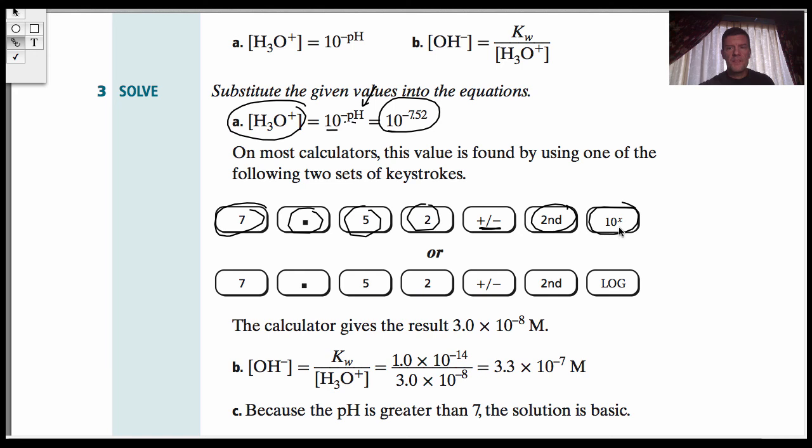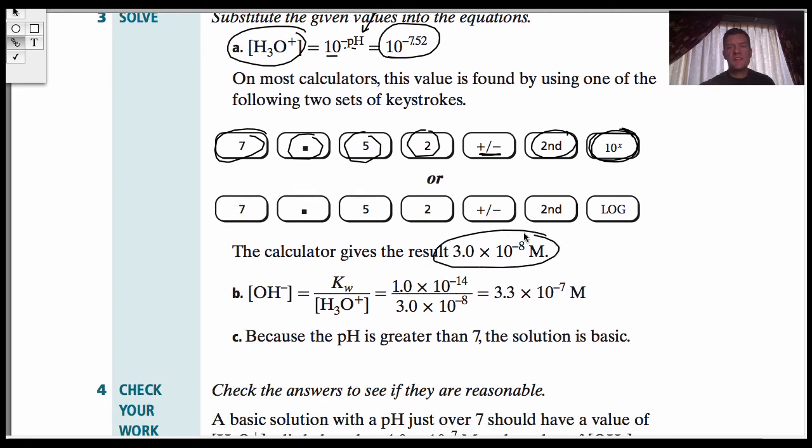And you should get 3 times 10 to the negative 8. You might get it as a decimal, but that's 3 times 10 to the negative 8. Then you just take your constant, 10 to the negative 14, and divide by that concentration to get the concentration of hydroxide.